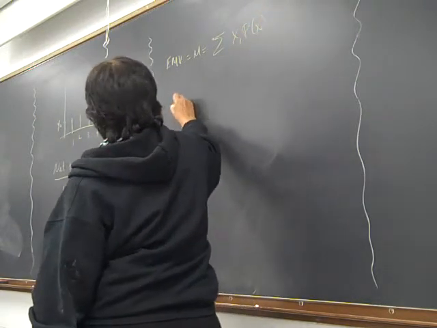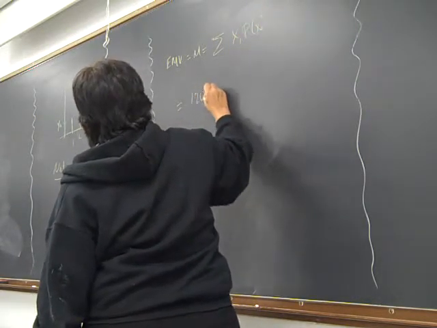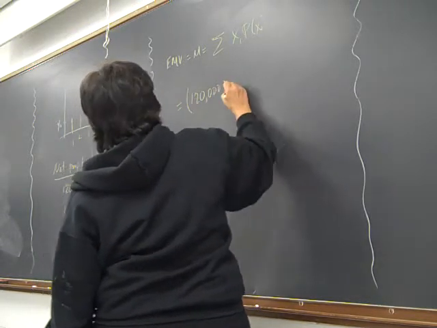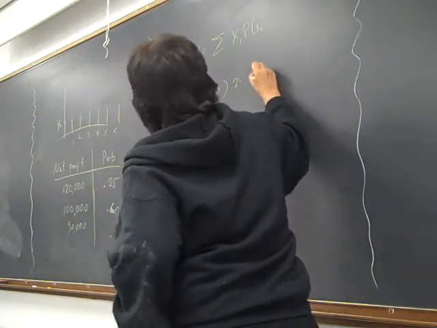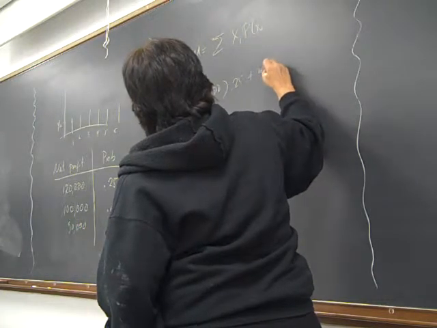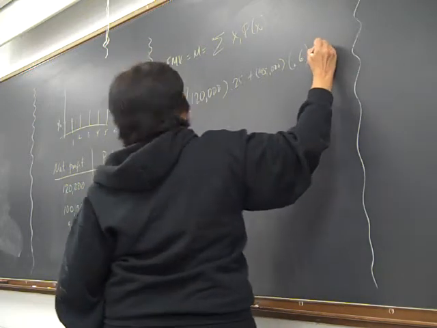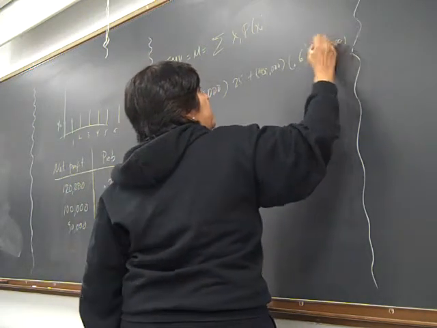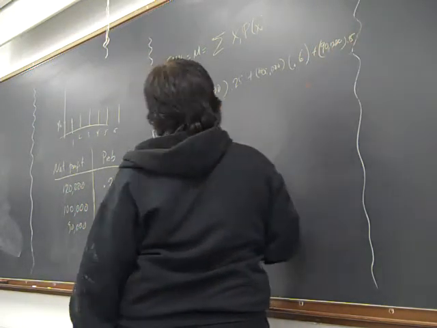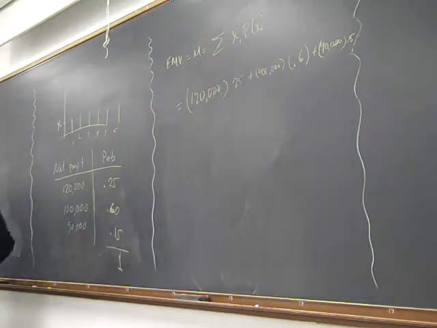It's going to be 120,000 times 0.25 plus 100,000 times 0.6 plus 90,000 times 0.15. And that is, I don't know, 30,000.